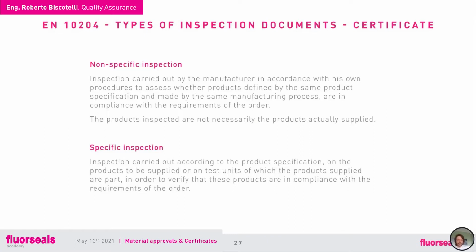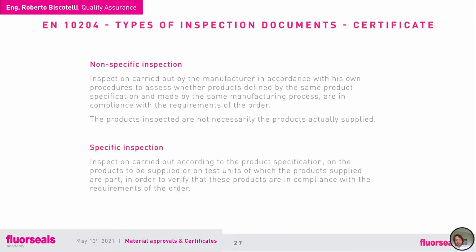The idea there is that for non-specific inspection, the manufacturer carries out inspection with its own procedure to assess if the products that are being produced with the same product specification and made with the same manufacturing process comply with the requirements of the order.